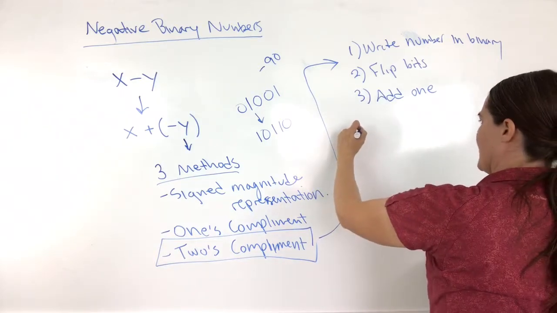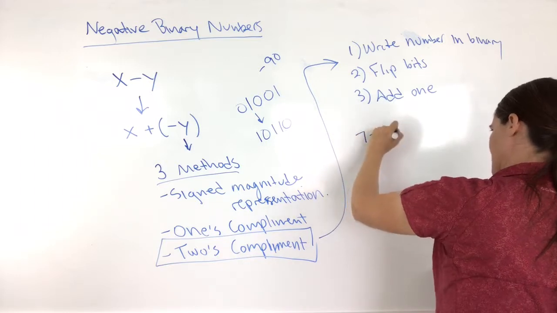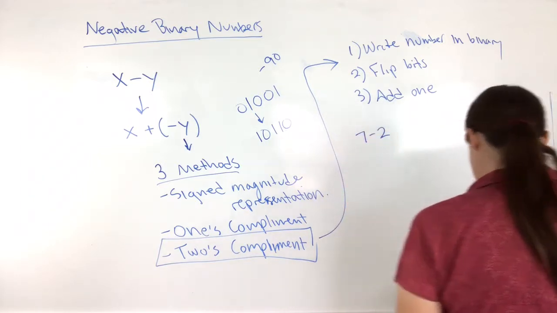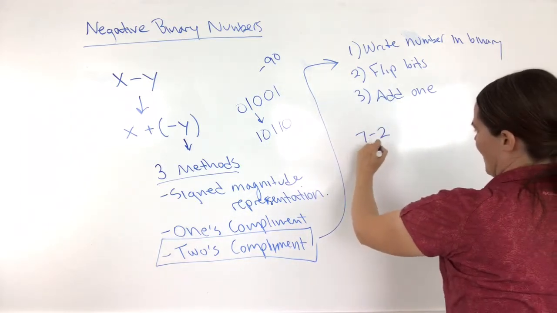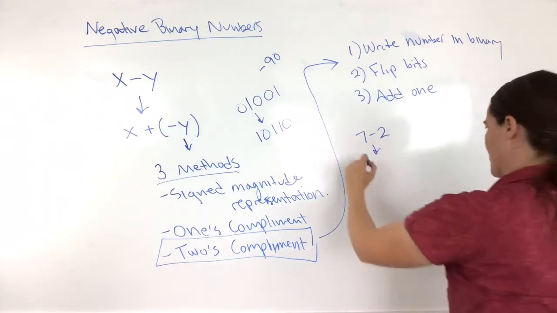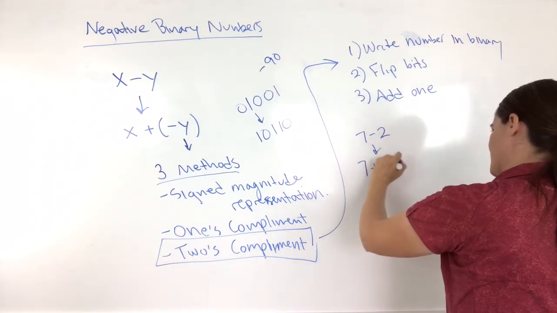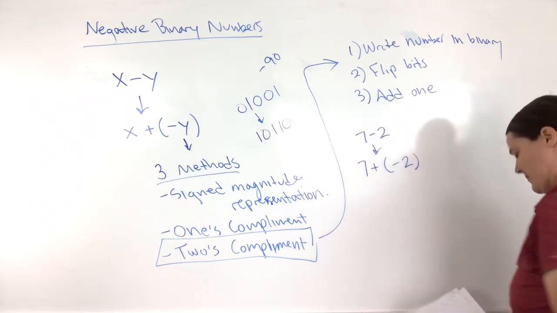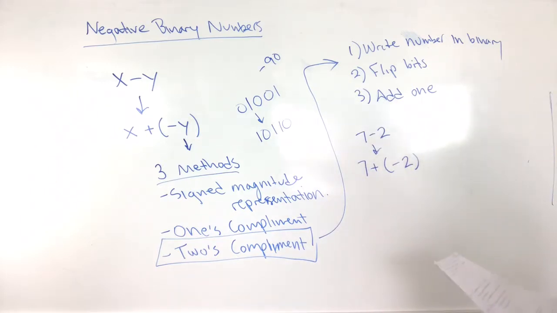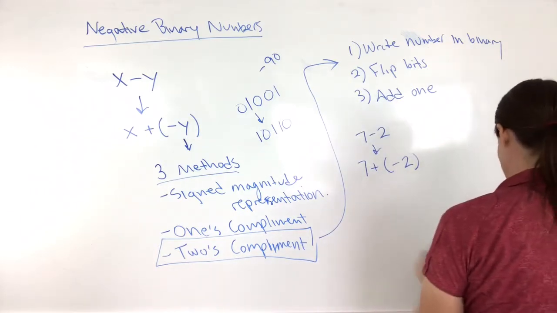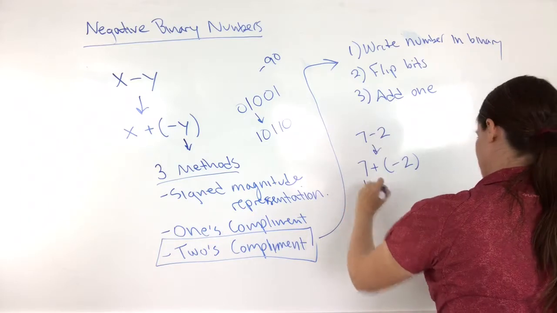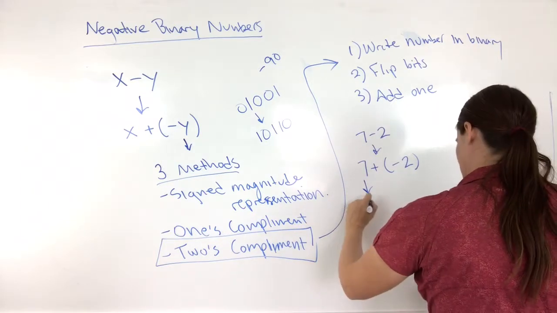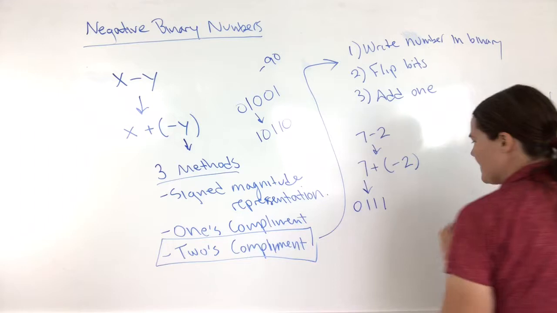So let's do an example. Let's calculate 7 minus 2. First of all, we want to rewrite this, so we're using our addition algorithm. So this would be 7 plus a negative 2. First of all, we can write 7 in binary. This is just 0, 1, 1, 1.